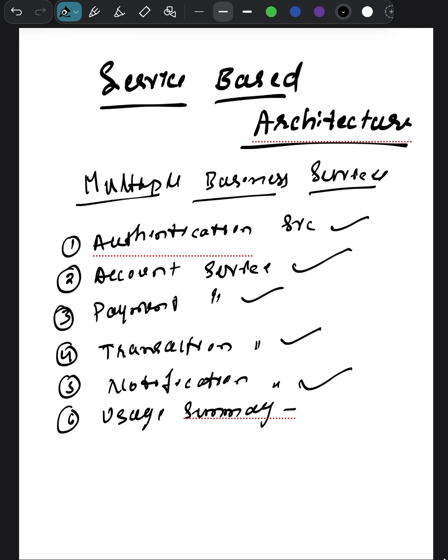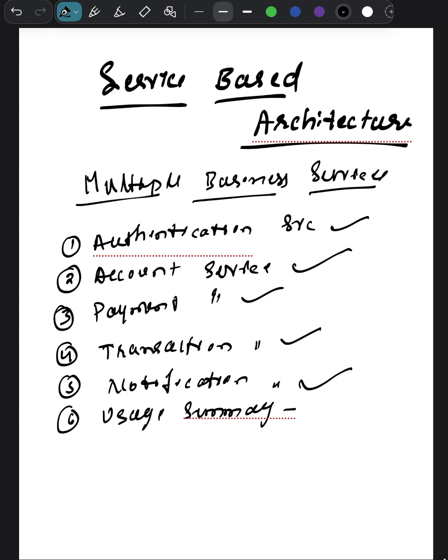But the service-based architecture can also pose some dependencies. The shared database is the critical dependency. If multiple services rely on the same database, changes to the database can affect several services, right?